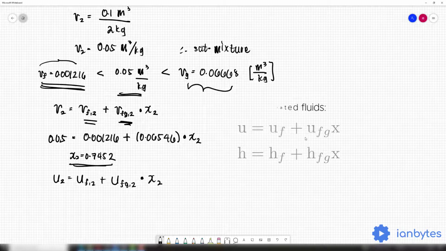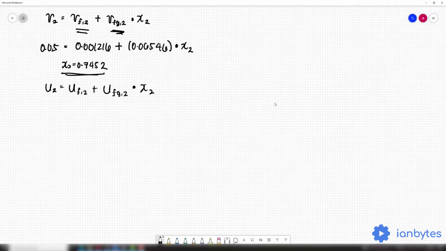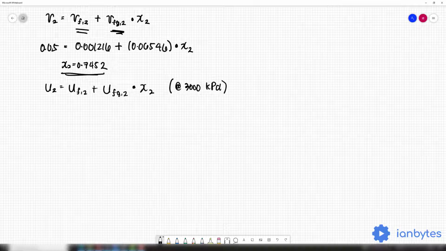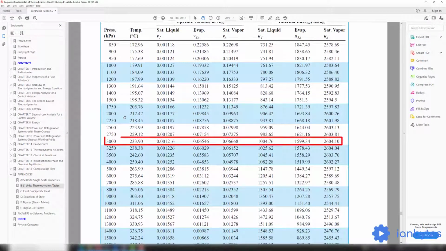And we know that Uf at 2 and Ufg at 2 are just values from your thermodynamic tables at 3 megapascals or at 3,000 kilopascals. Okay? Consulting our thermodynamic tables, we have Uf that is equal to 1004.76 and Ufg that is equal to 1599.34.